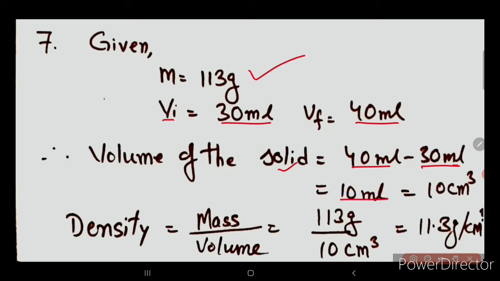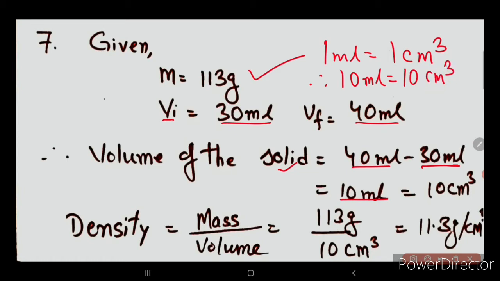As you all know, 1 milliliter is equal to 1 centimeter cube. Therefore, 10 milliliter will be equal to 10 centimeter cube. Hence I am writing here 10 centimeter cube.